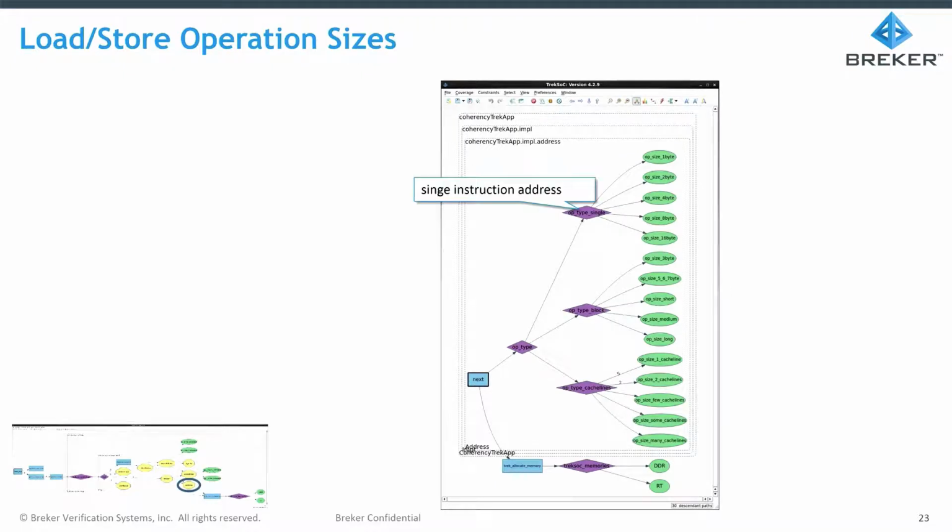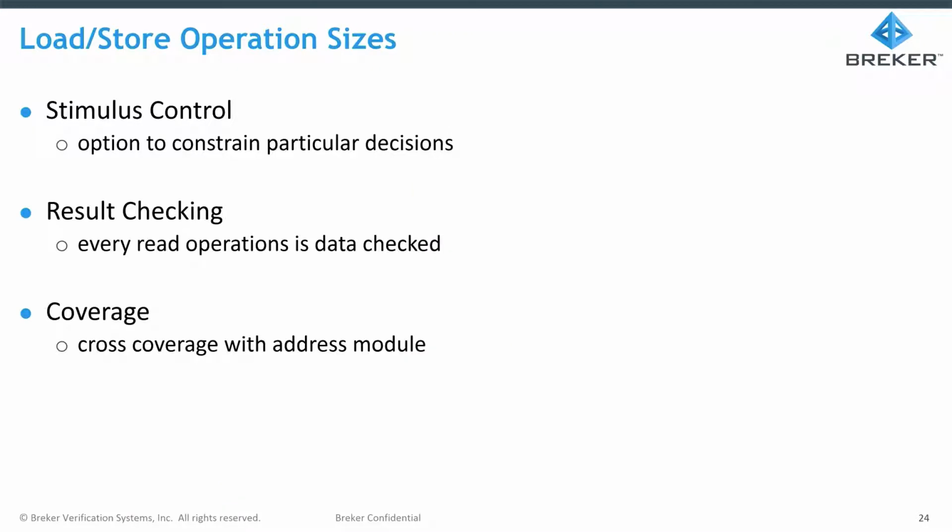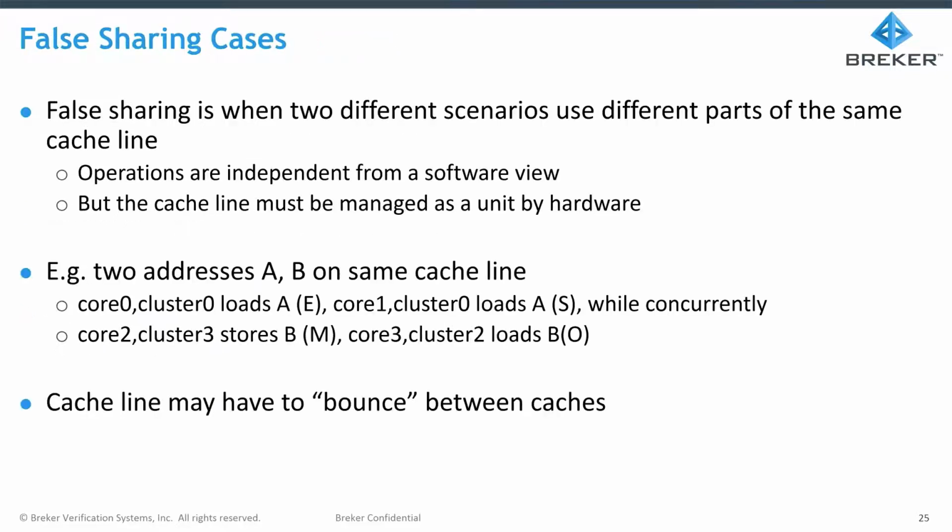The different size operations again show up in the same graph, where the tool is choosing how big the operation should be. Again, we can bias or constrain out certain options. Every read is checked, and we can come back and measure to see whether we have done every possible size.